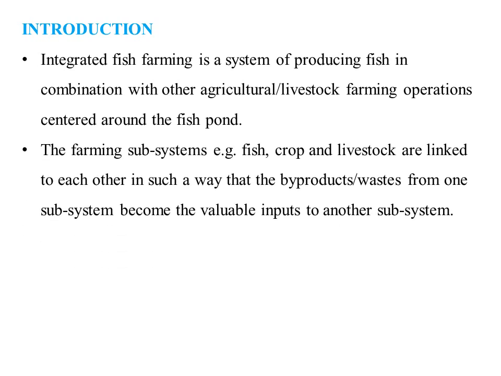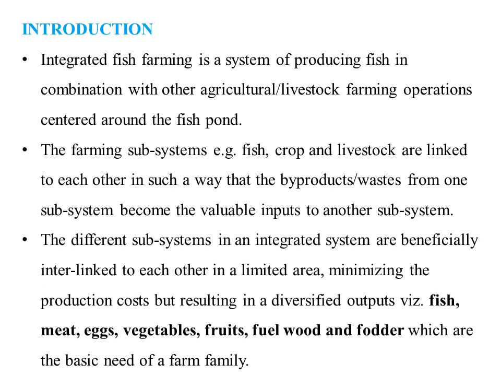This type of farming has subsystems, for example the fishes or a crab or the livestock, which are interlinked with each other in a way that the byproducts or waste of one subsystem become a valuable source for another subsystem.